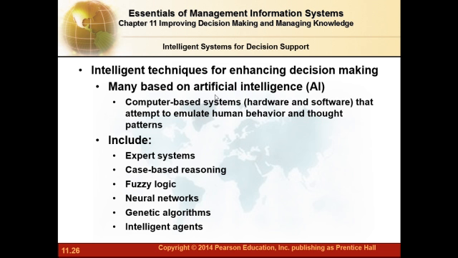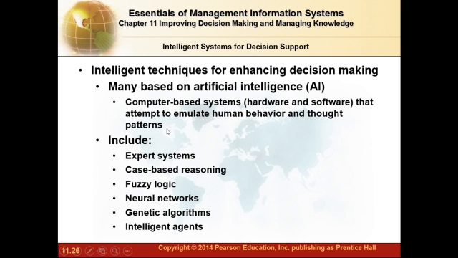Many of the systems under the artificial intelligence umbrella are useful tools for capturing, storing, and disseminating human knowledge and intelligence. They are computer-based systems, hardware and software, that attempt to emulate human behavior and thought patterns.